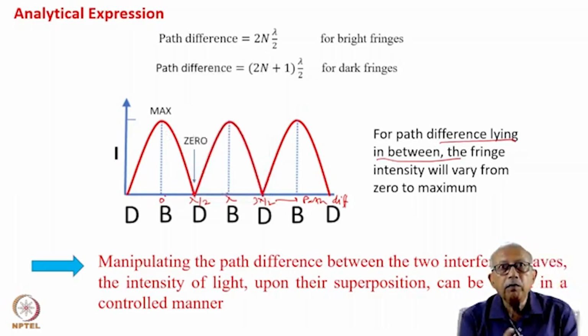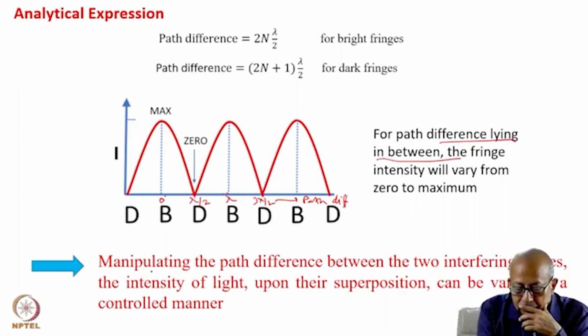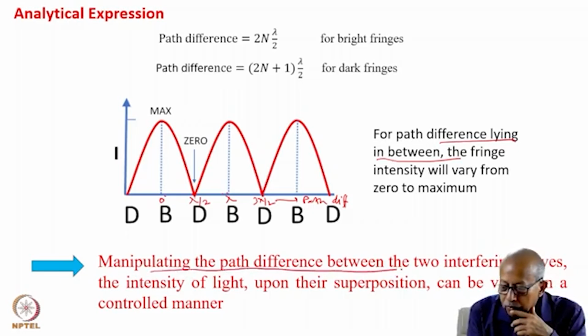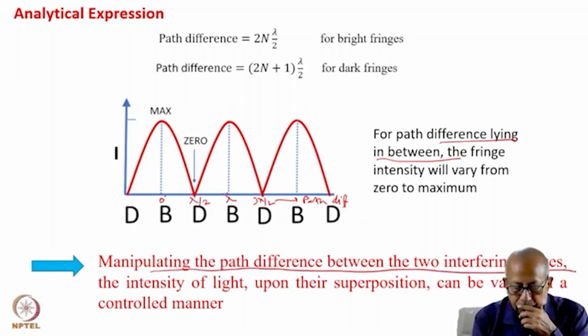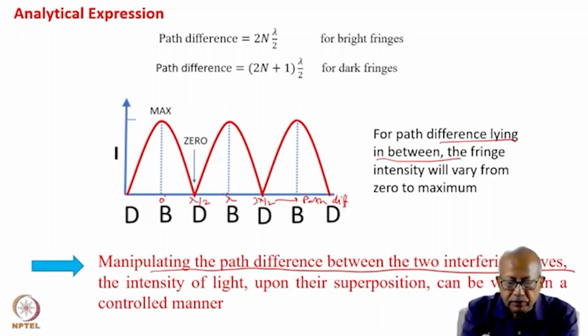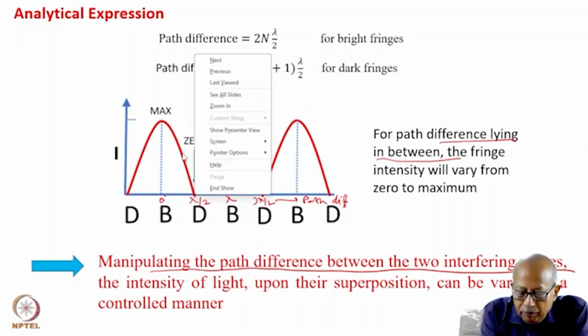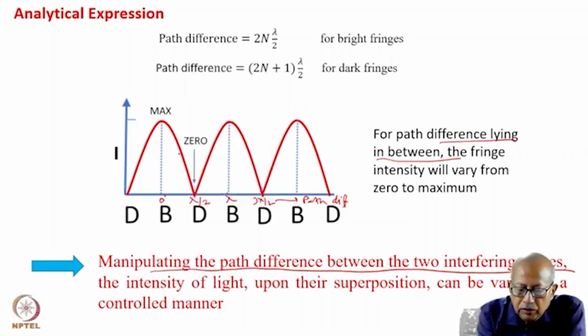This, in other words, says that by manipulating the path difference between the two interfering waves, the intensity of light upon their superposition can be varied in a controlled manner.